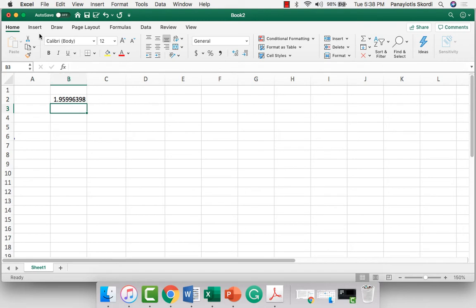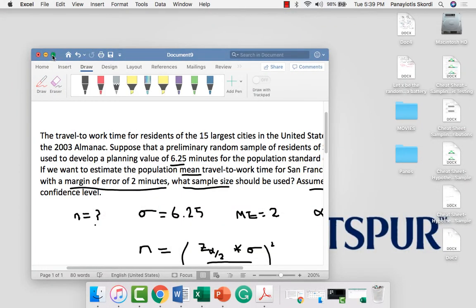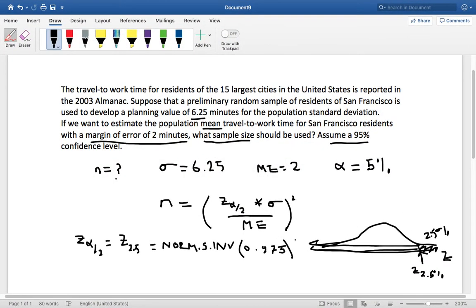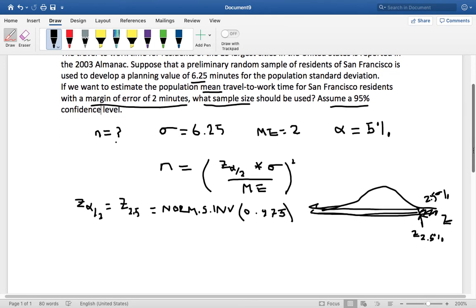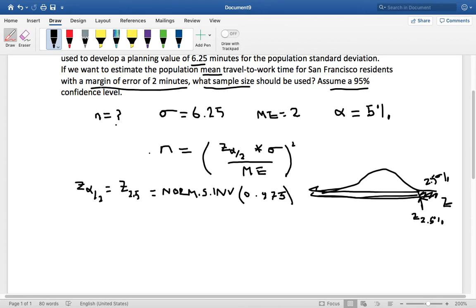Now when we go back to the actual question, we can put 1.96, but let's travel down a little more. So the sample size n is equal to z of alpha over 2, which is about 1.96.